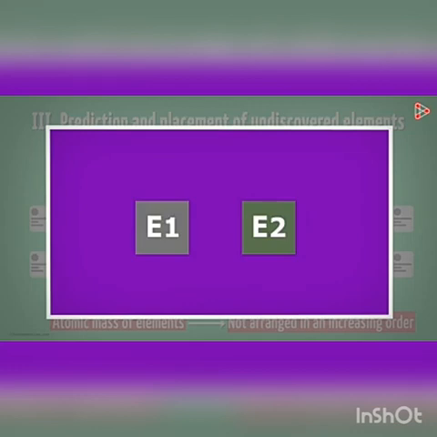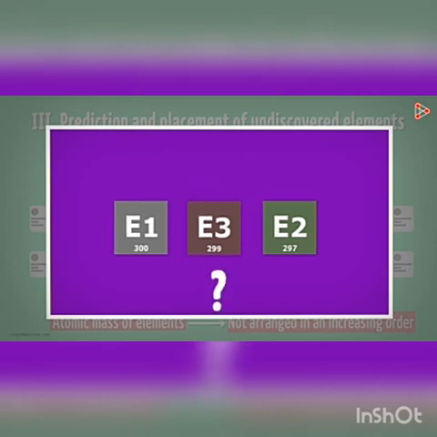Element 1 has atomic mass 300, whose position comes first, while element 2 has an atomic mass 297, which is placed later in the table, that is, after element 1. Now in this case, if a newly discovered element, say element 3, has atomic mass of 299, where will we place it? Between the two elements or after the second element with atomic mass 297?